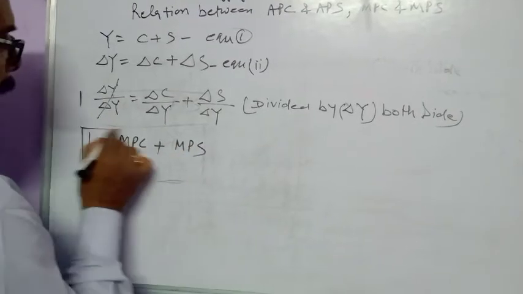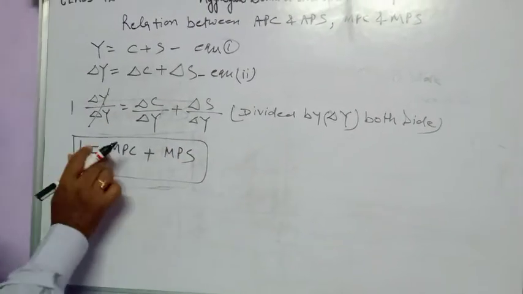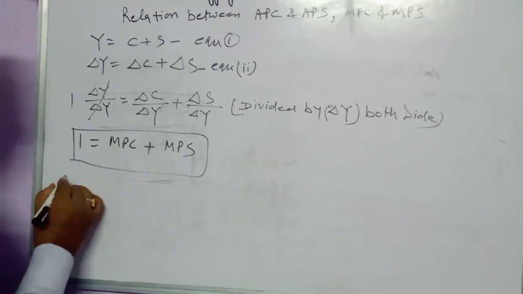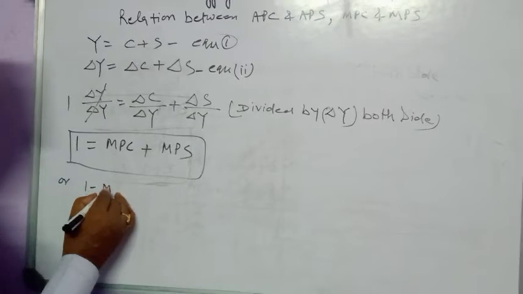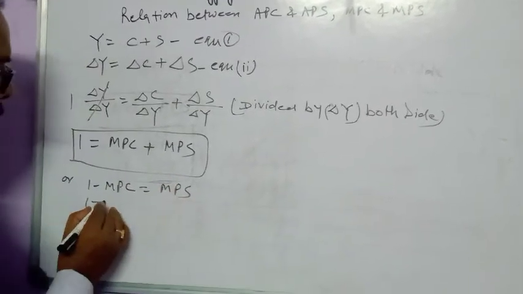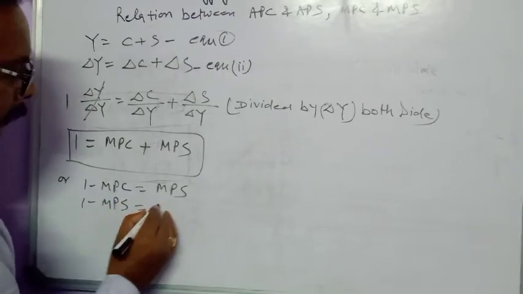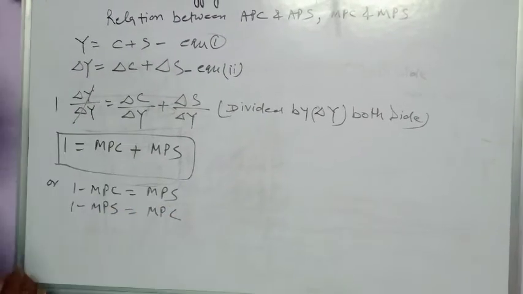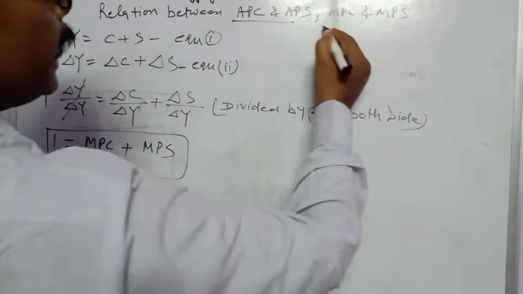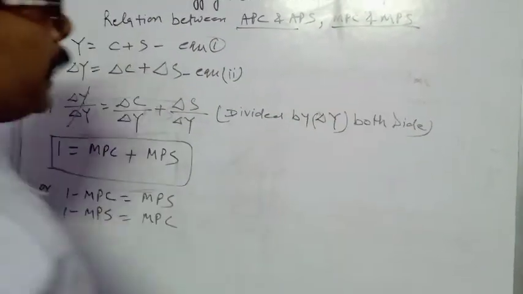So we can say the value of MPC plus MPS is equal to 1, or 1 minus MPC is equal to MPS, or 1 minus MPS is equal to MPC. So this is the relation between APC and APS and MPC and MPS.